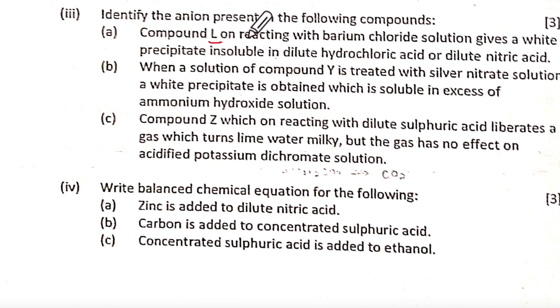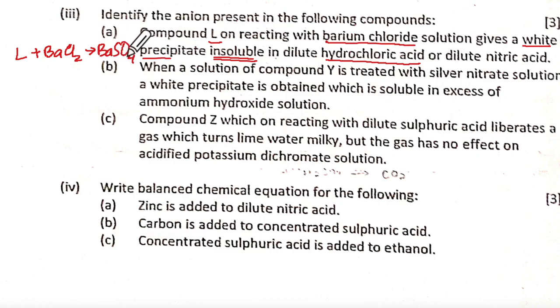Identify compound L, which on reacting with barium chloride gives a white precipitate insoluble in dilute HCl. Therefore, sulfate. L plus BaCl2 has formed BaSO4.